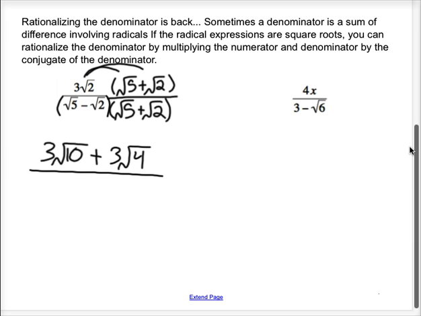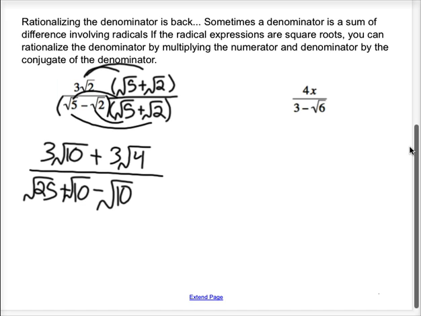This time, I need to FOIL it out. So, square root of 5 times square root of 5 gives me square root of 25. Square root of 5 times square root of 2 gives me square root of 10. Negative square root of 2 times square root of 5 gives me negative square root of 10. Negative square root of 2 times negative square root of 2 gives me negative square root of 4.